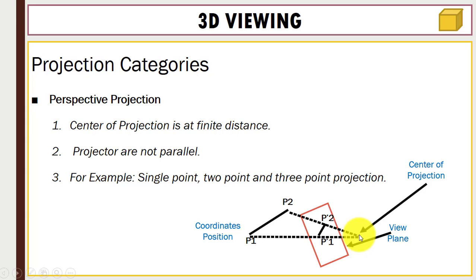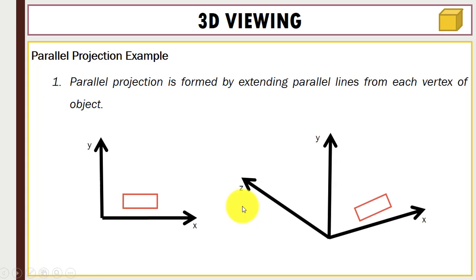So you can see here we have the center of projection, and this is at a finite distance, and you can see these lines are not parallel to each other. So in case of perspective projection, lines are not parallel. Plus you can see this is the view plane, and we have the coordinate position.